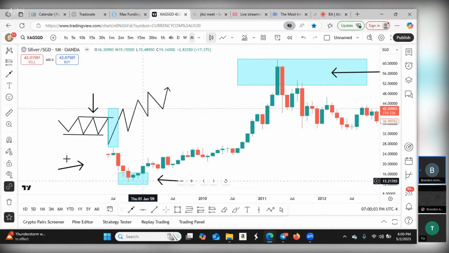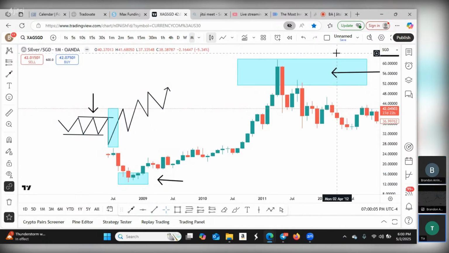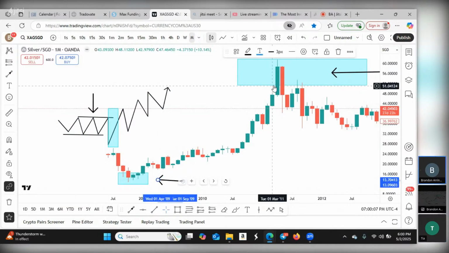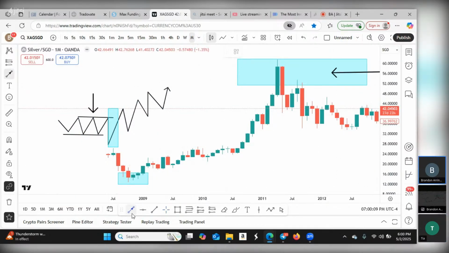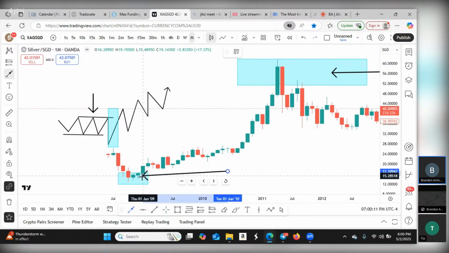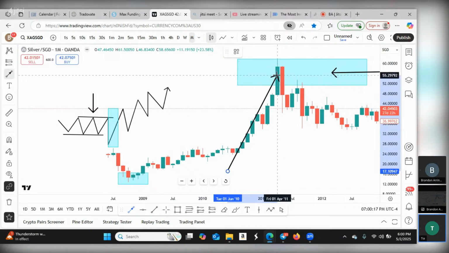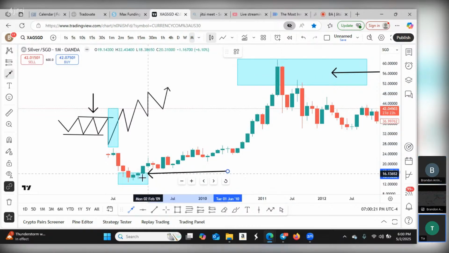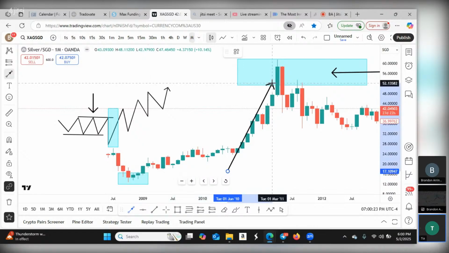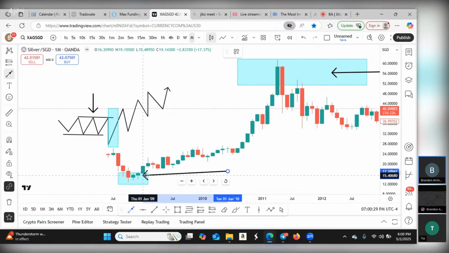So it's like saying, buy at a discount, sell at a higher premium. All discount and premium is, is like saying buy low and sell high.